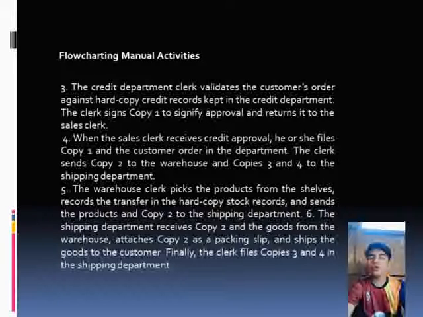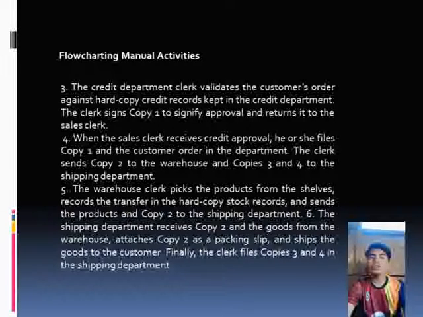Fourth, when the sales clerk receives credit approval, he or she files copy 1 and the customer order in the sales department. The clerk sends copy 2 to the warehouse and copies 3 and 4 to the shipping department. Fifth, the warehouse clerk picks the products from the shelves, records the transfer in the hard copy stock records, and sends the products and copy 2 to the shipping department.